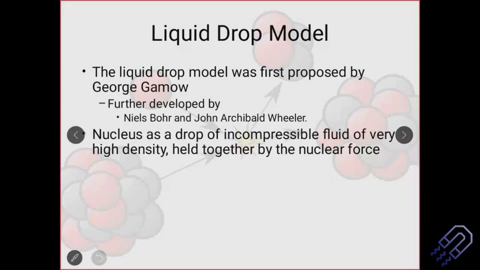When we consider a nucleus, it is just a drop of incompressible fluid of very high density held together by the nuclear force. As we said the other day, the density is independent of the mass number; nuclear density is a constant value. Maybe I can show you in this slide. If you have a nucleus, it will be very tightly bound.